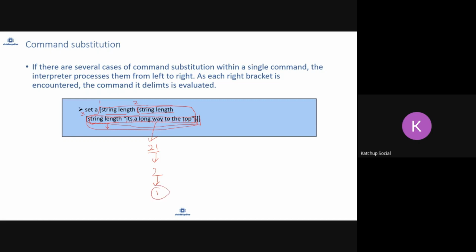How it works is it starts from the left, counts as it encounters each bracket, and as soon as it encounters a closing bracket, it executes the innermost command, then the next one, and so on. So this is how command substitution works when you have multiple brackets.